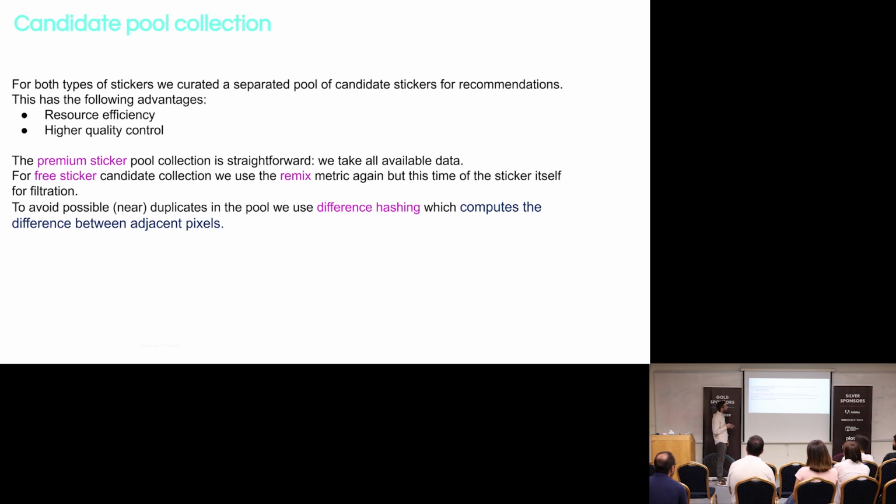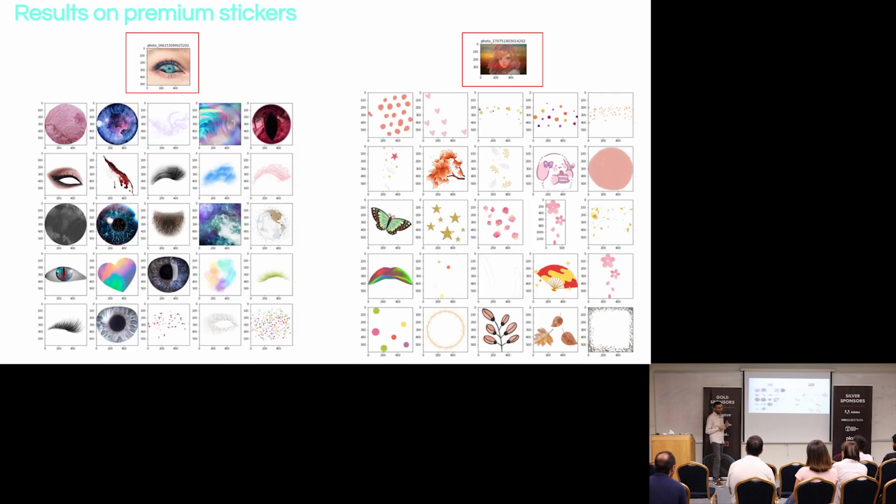Also, we try to avoid possible duplicates because we are working in visual space, with visual features, so near duplicates can appear in recommendations. We do difference hashing and deduplicate the item pool.